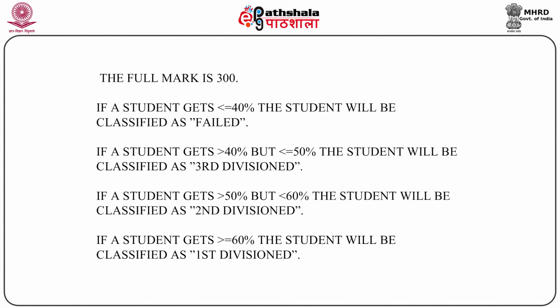In a similar way, if a student gets more than 50% marks but less than 60%, the student will be classified as second division. And finally, if a student gets more than or equal to 60% marks, the student will be classified as first division, that is, he will be among the best boys of the class.